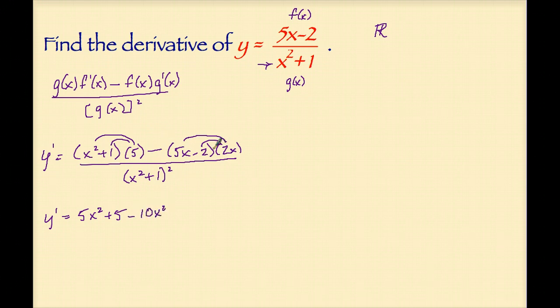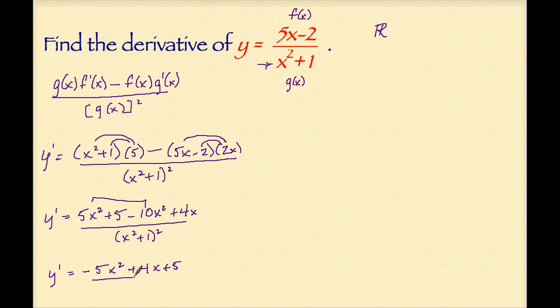And then a negative 2x times negative 2, a positive 4x, over quantity x squared plus 1 squared. And combining the only two like terms we have gives us negative 5x squared plus 4x plus 5 over the quantity x squared plus 1, quantity squared.